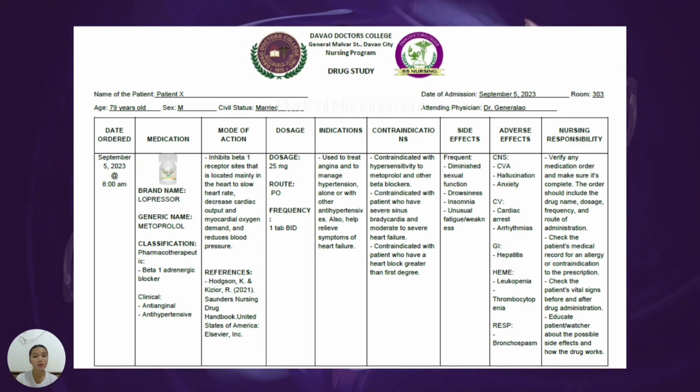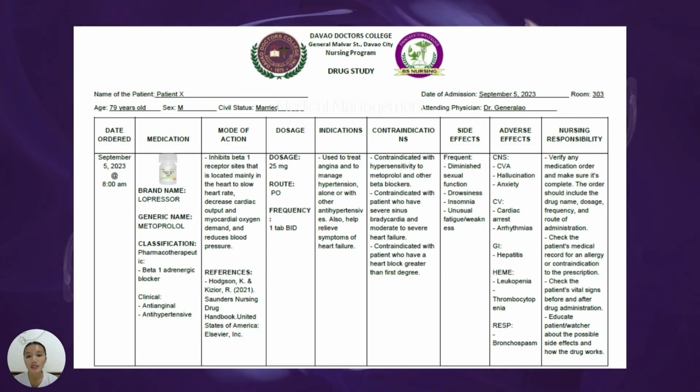This will be used alone or with other antihypertensive drugs. And also, it will help relieve symptoms of heart failure. And as you can see, this is a good drug for our patient because the patient is experiencing heart failure or is diagnosed with class 3 heart failure.